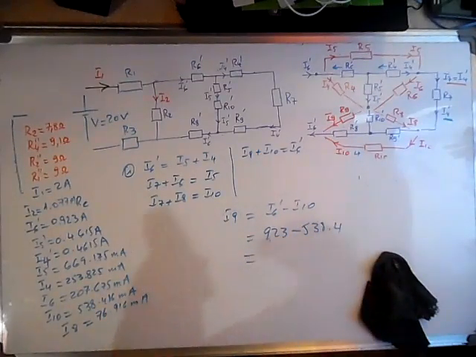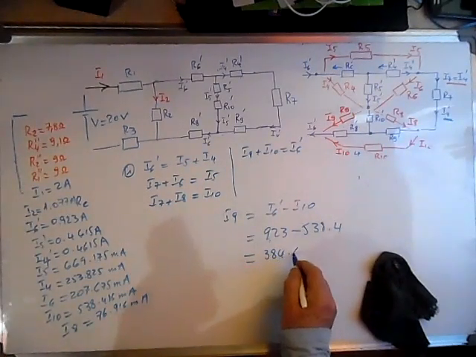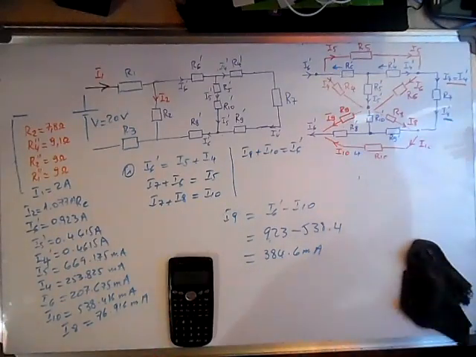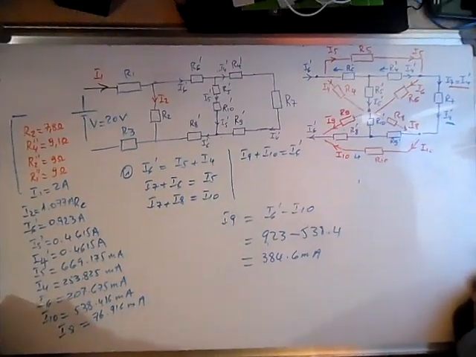So it means that I9 is, now everything is okay, 0.923 minus 538.4, and the current is 384.6 milliamps. We have calculated all the currents in the branches of the original circuit, which is here.